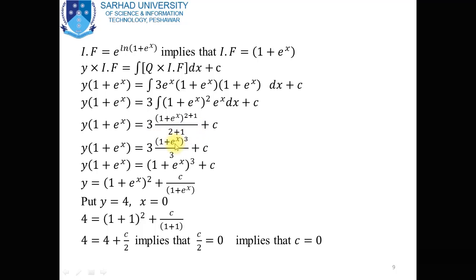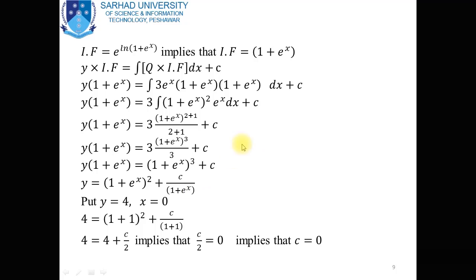Now 2 plus 1 is equal to 3, so 3 cancels. So we obtain y into 1 plus e power x is equal to 1 plus e power x whole cube plus c. Now dividing both sides by 1 plus e power x, we obtain y is equal to 1 plus e power x whole square plus c divided by 1 plus e power x.